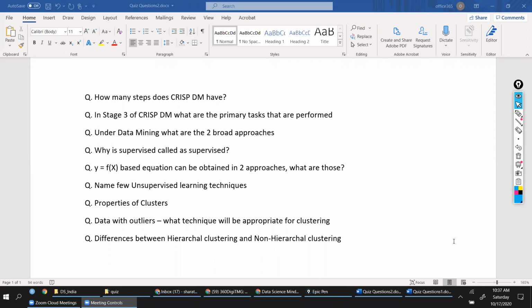And storage space also is more. Hierarchical clustering requires more because you have to store n square distance matrices at every stage of splitting. So that's about the difference between hierarchical clustering and non-hierarchical clustering.